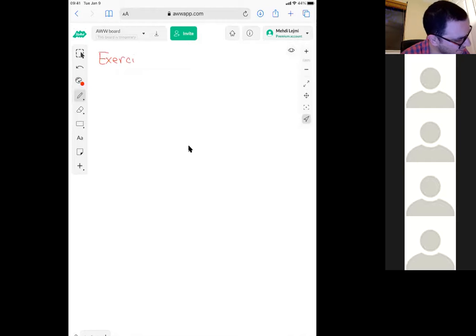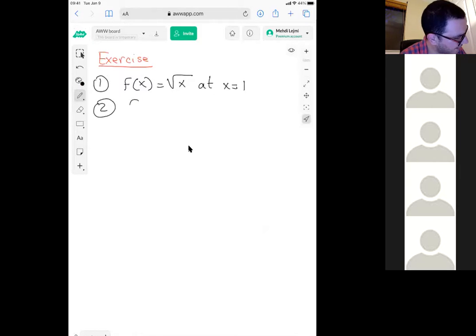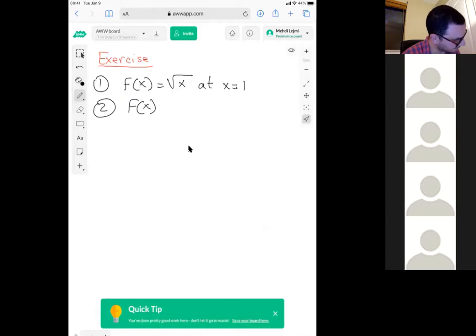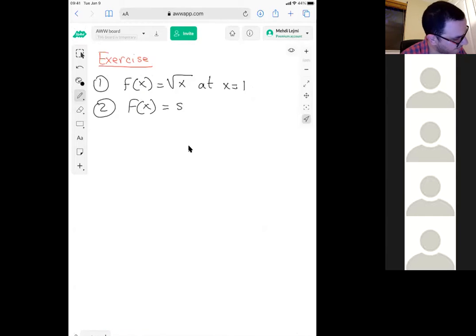Exercise. So we said, first we had square root of x at x equal to 1. And then we said sine of 2x at x equal to 0.